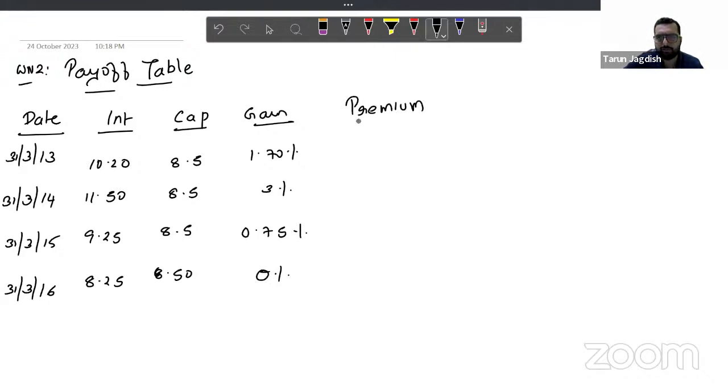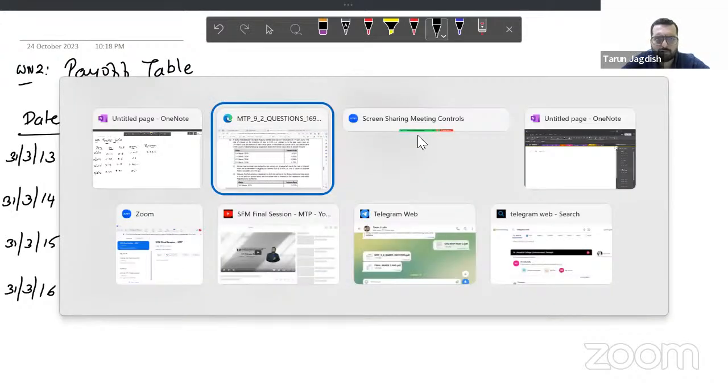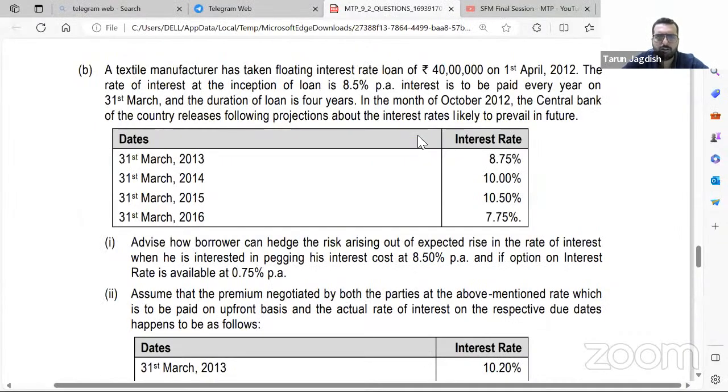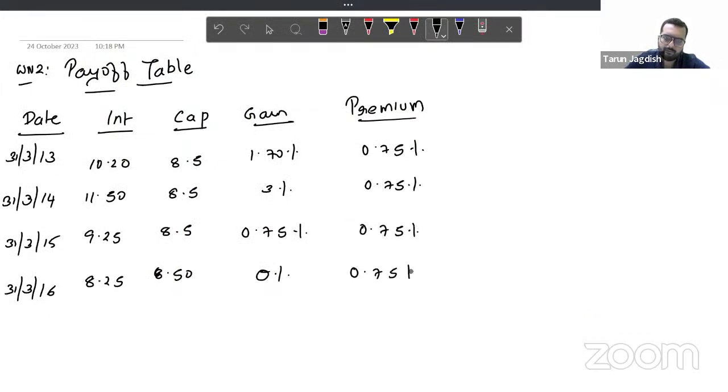And what is the premium that he has to pay? 0.75%. Am I right? What is the premium they have told in the question? 0.75%. Once you do this, what will be your net gain or your loss?